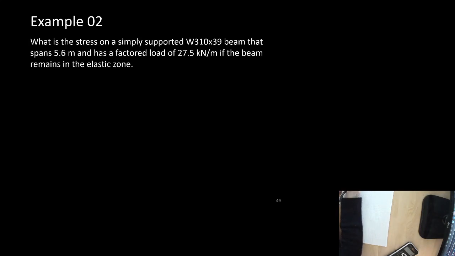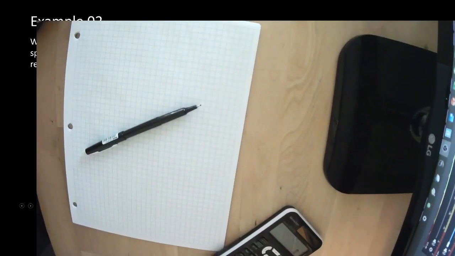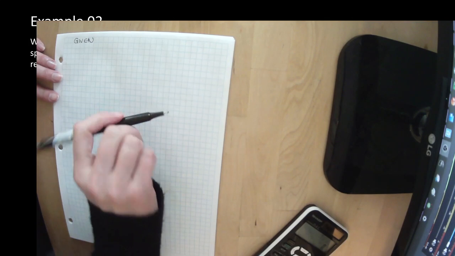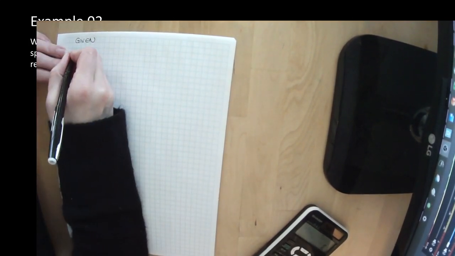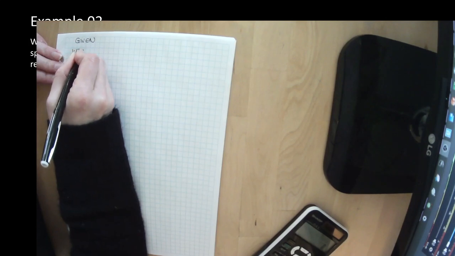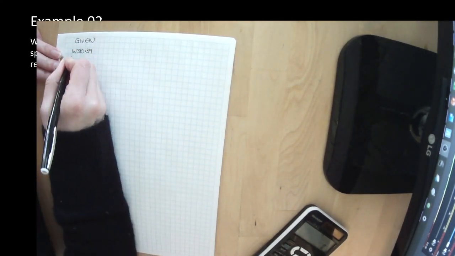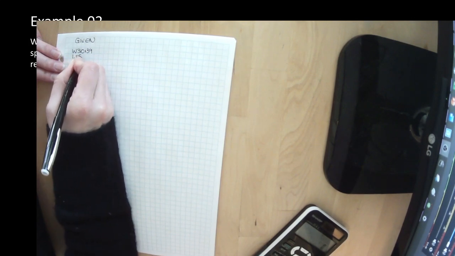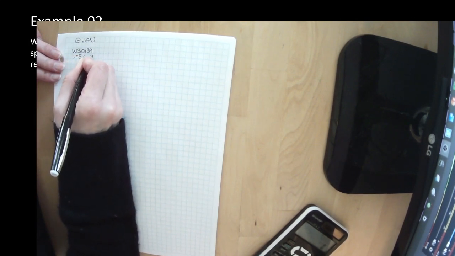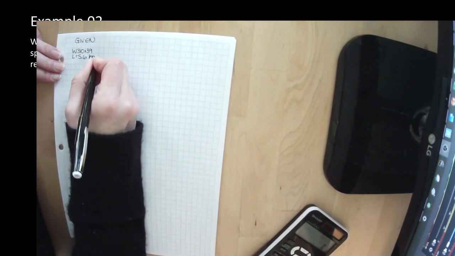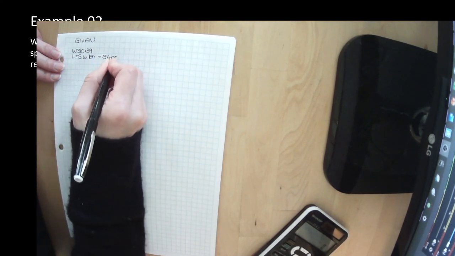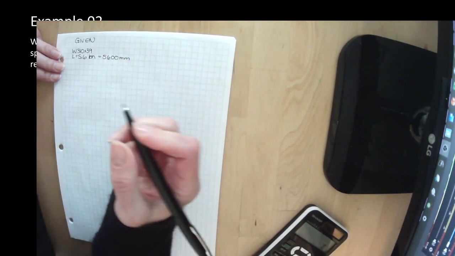So, given, what are our things that we know here? Let's make this bigger and make sure I'm writing where you guys can see. All right, so, given. We know that we're talking about a W310 by 39. We know the length of our beam is 5.6 meters long. We might need that, maybe we don't.